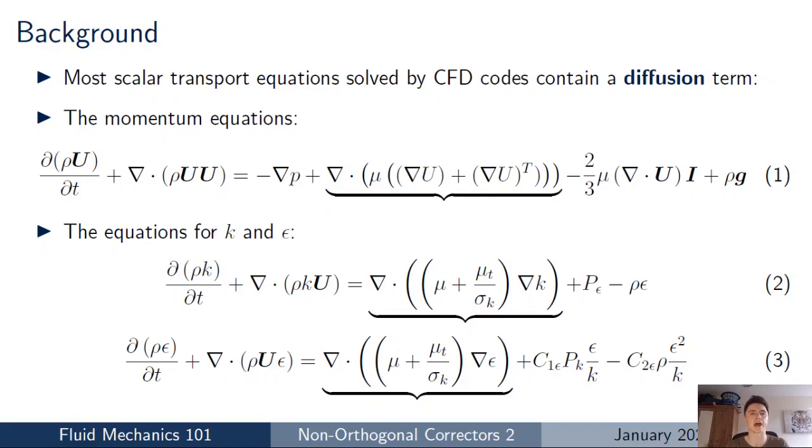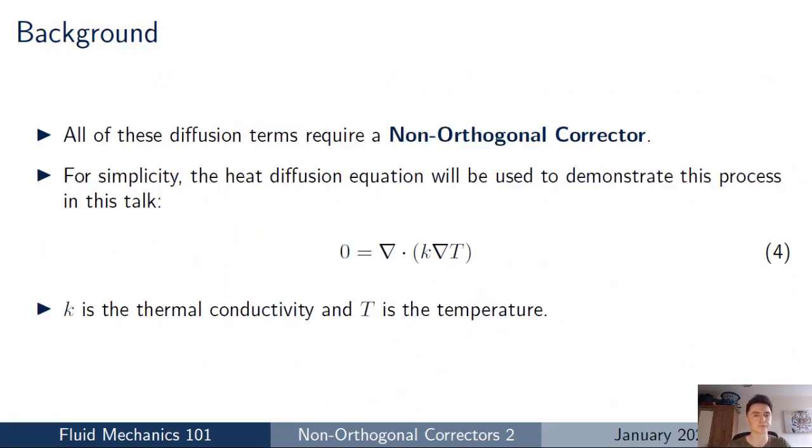So in equation 2 there, for turbulent kinetic energy, we've got nabla dot and then some diffusion coefficient in the brackets multiplied by nabla k. That's a diffusion term, and the majority of transport equations in CFD codes contain one. It's really the diffusion term that we're interested in when we're thinking about non-orthogonal correctors, and that's what we're going to be focusing on today.